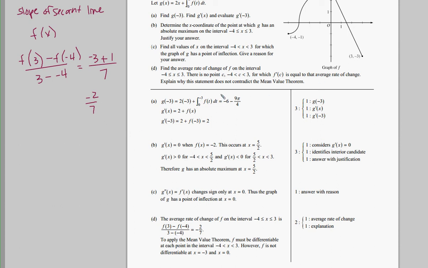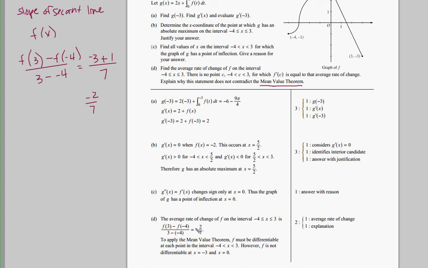However, it's saying, why does this statement not contradict the mean value theorem? Well, if you remember the mean value theorem, the hypothesis stated that your function had to be continuous and differentiable over the interval stated in order for it to work. And you can see here that we're continuous, but we're not differentiable at -3 or at 0.